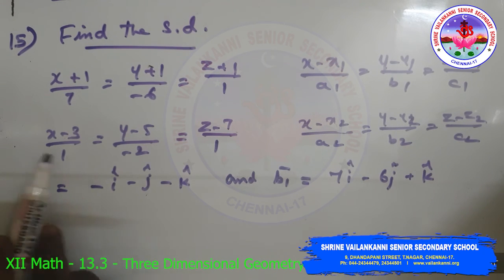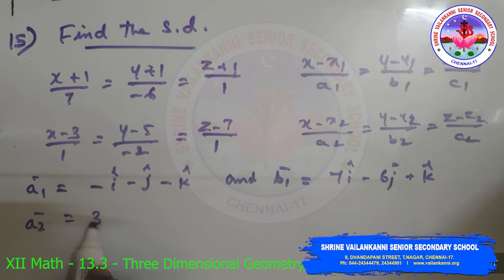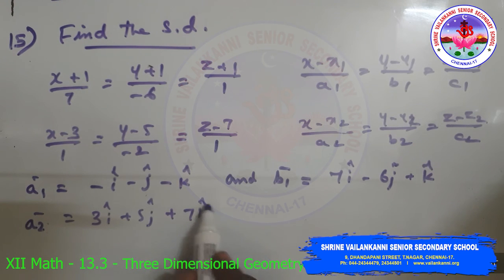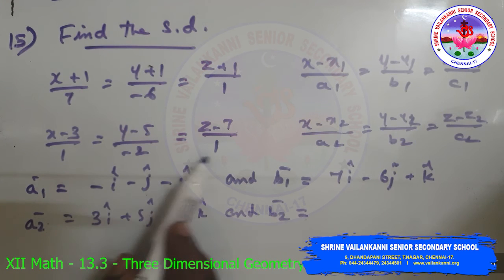For the second line, a2 is 3i + 5j + 7k, and b2 is i − 2j + k.